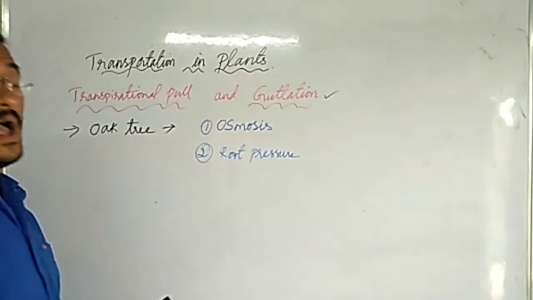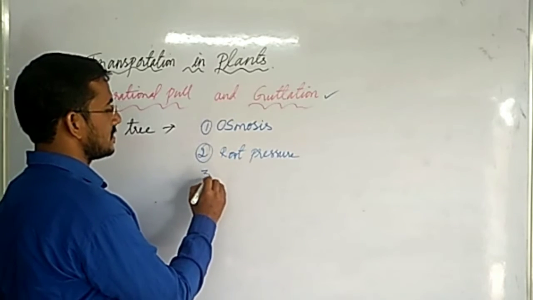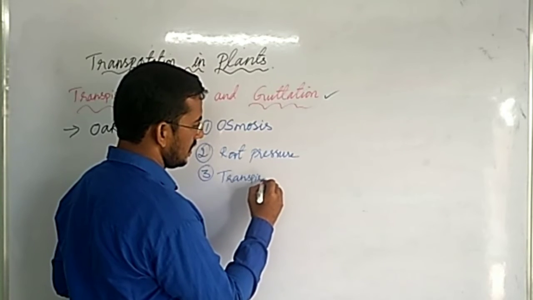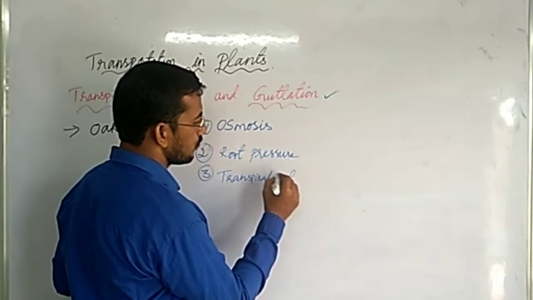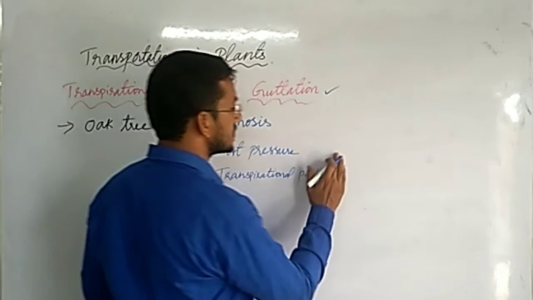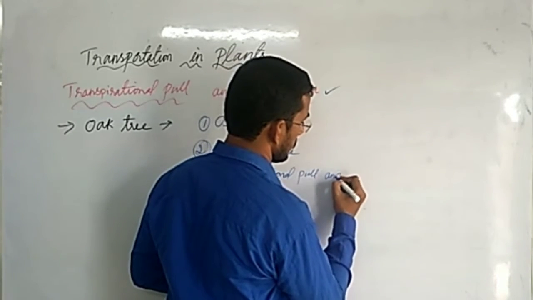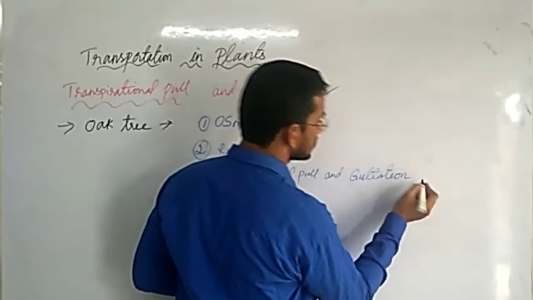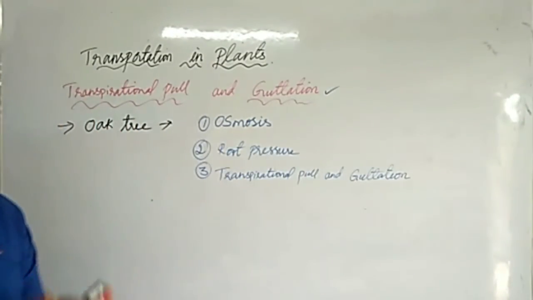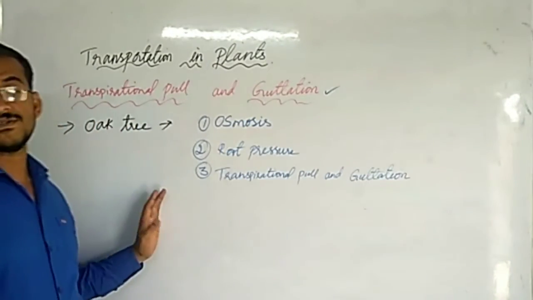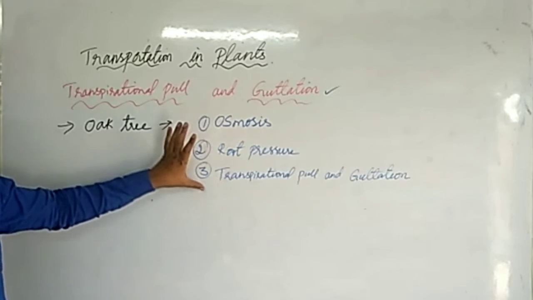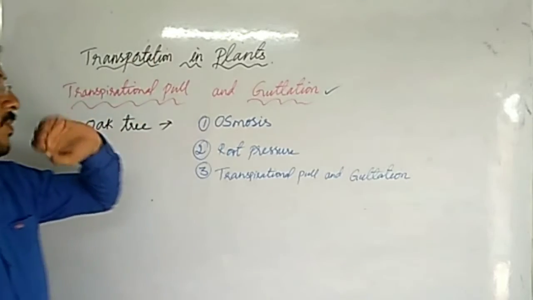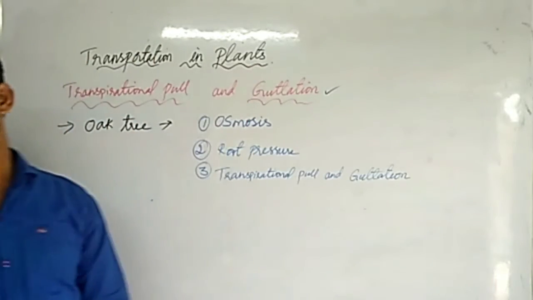And third one is transpirational pull and guttation. So these are the three factors which help in transporting the water in plants.